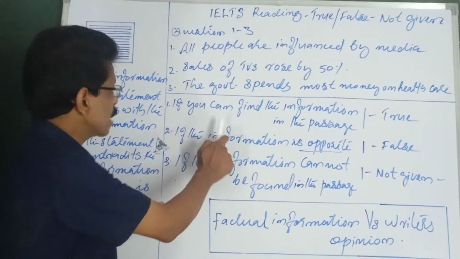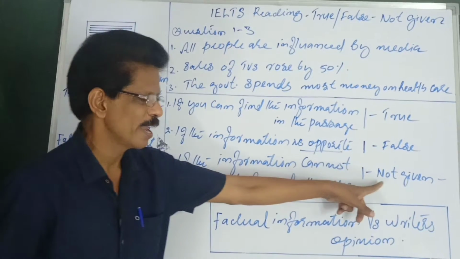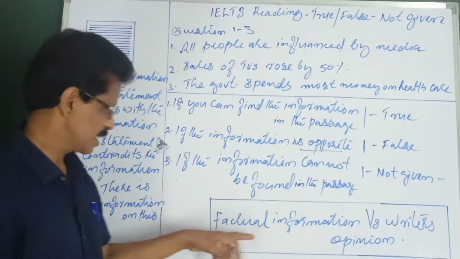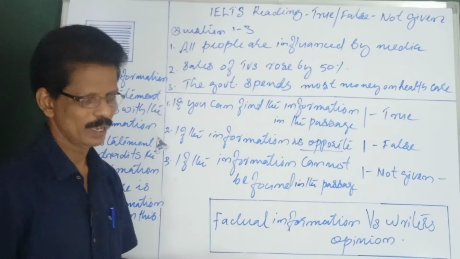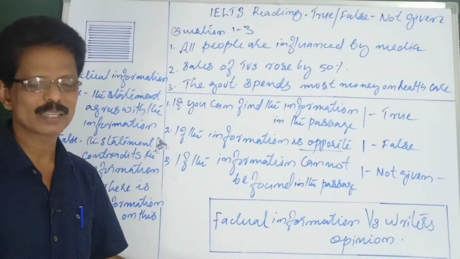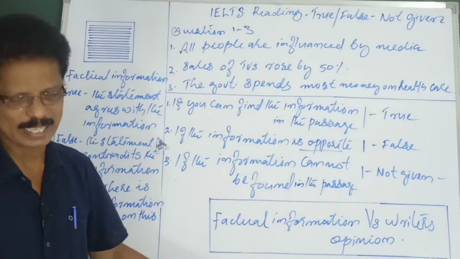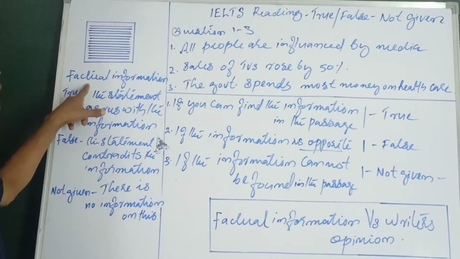If this statement cannot be found in the passage, your answer is not given. I repeat, it is factual information versus writer's opinion. We see writer's opinion when we answer yes or no or not given answers. Here, true or false, it is factual information.